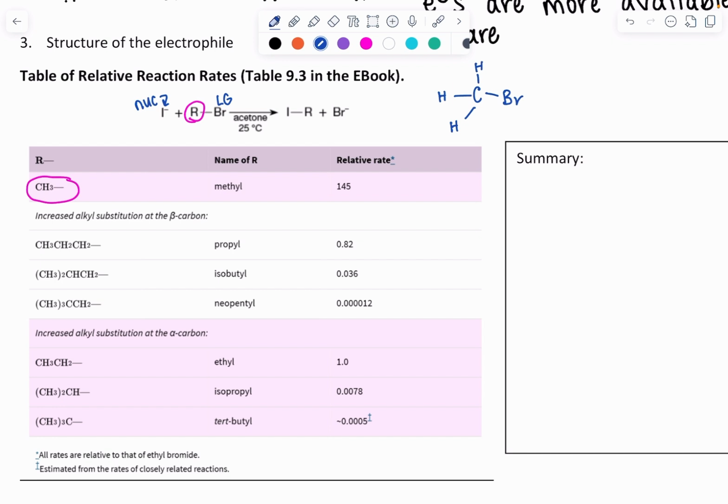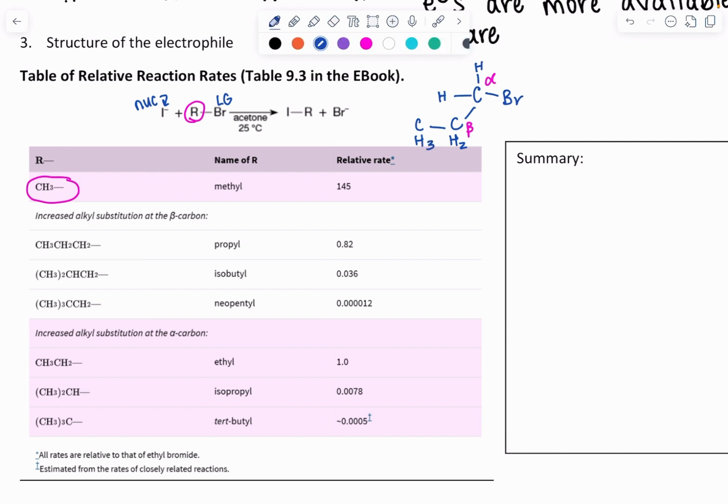If you change the alkyl substitution on a beta carbon, so now we have to introduce a beta carbon. Here this is the alpha, and this is beta. And instead of a methyl group overall, we have a propyl group. So we have a CH2 CH3.